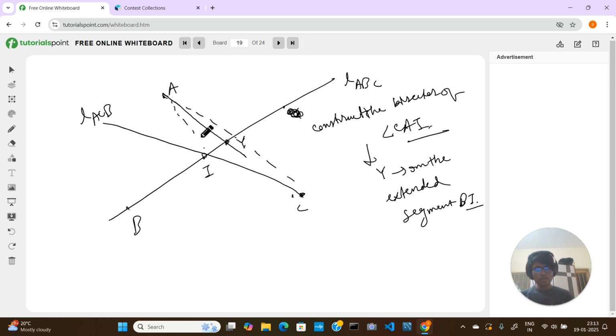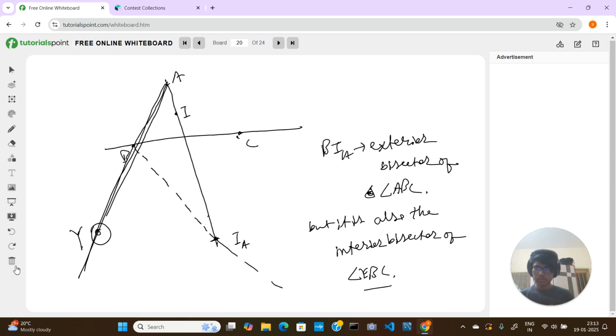This is basically the bisector of angle IAC, and the intersection of this with the bisector of angle ABC gives you such a point Y, which lies on the extended line BI. And now you know what to do.